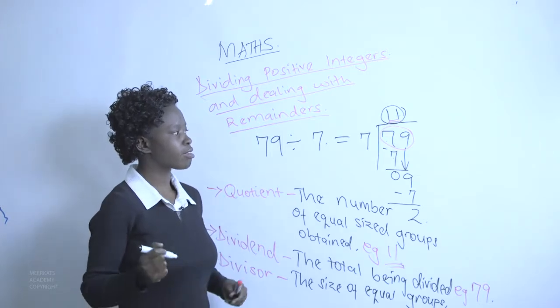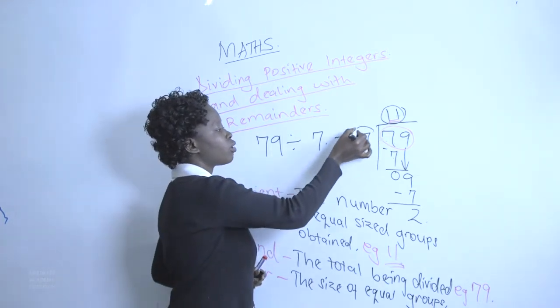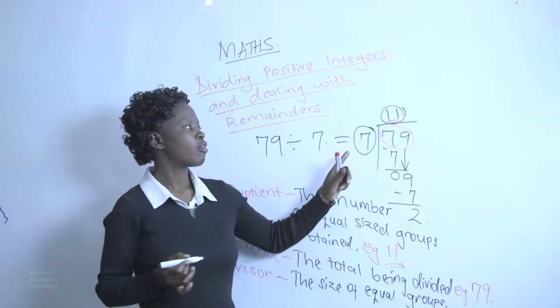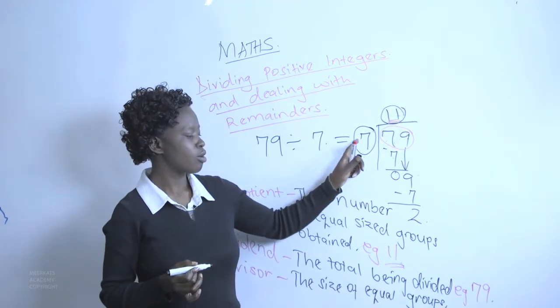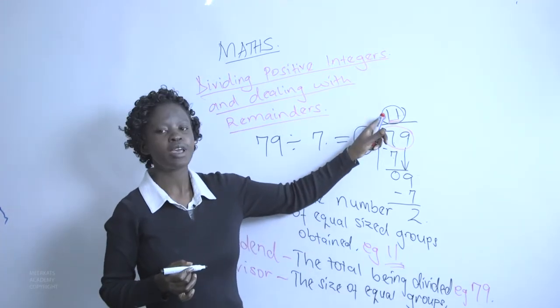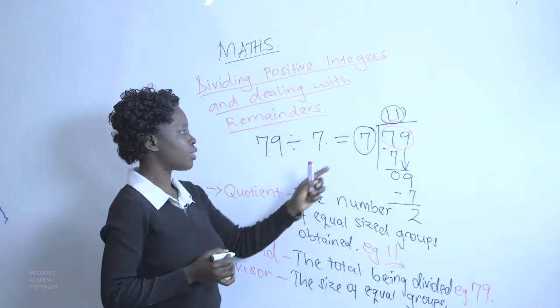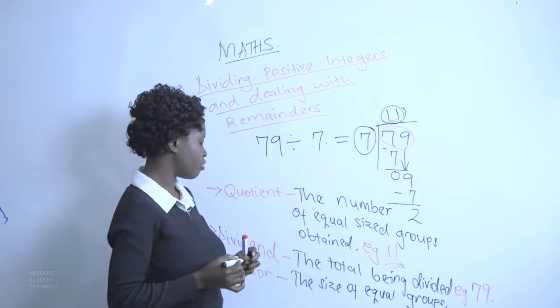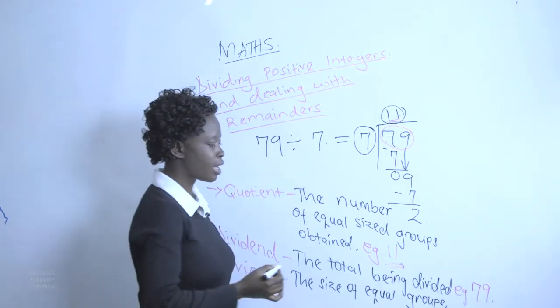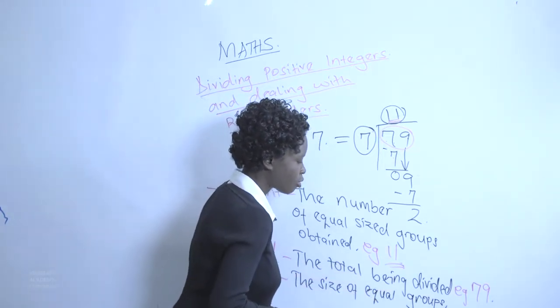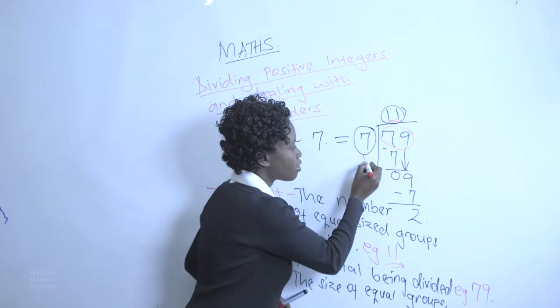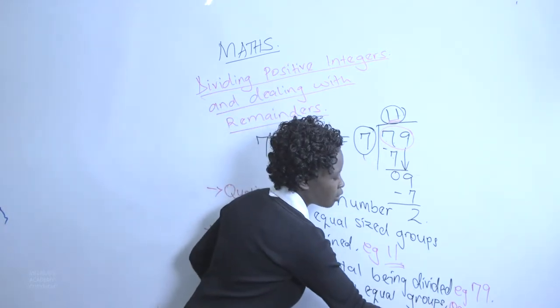So in this case, we have equal groups of size 7, 11 of them, in this example. So what does this mean? That in the example that we have, our divisor is simply 7.